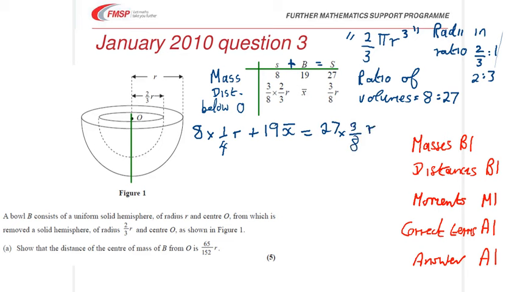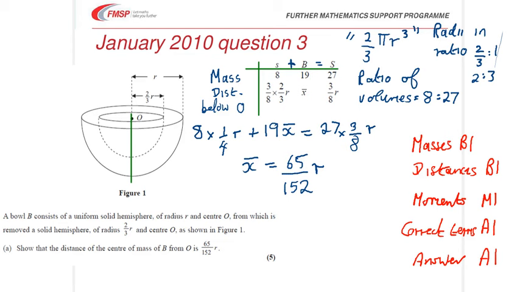All we have to do is rearrange that now, and that'll give us x bar equals 65 over 152 r. And that's the first part done. Oh, it says show that. Yeah, show that the distance is.